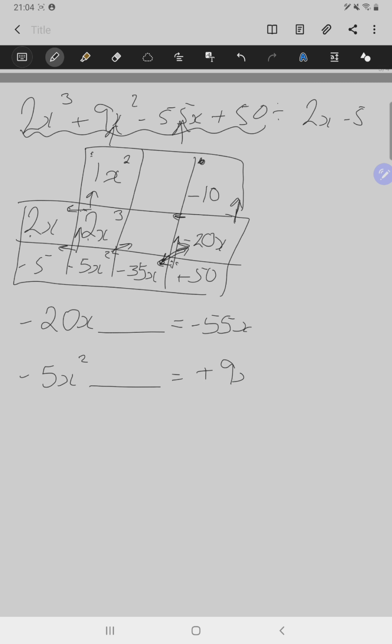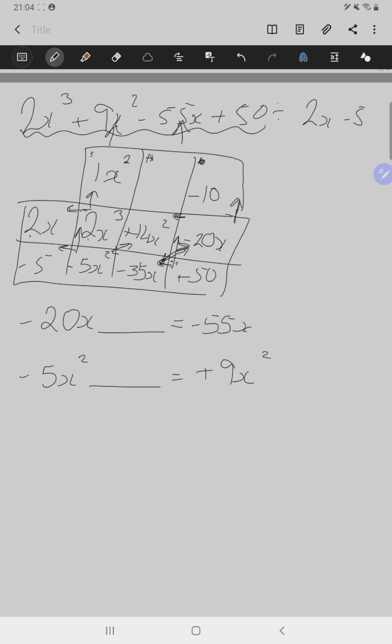So we're starting down at the negative side at minus 5. We need to get all the way up to plus 9 on the positive side. So for that, we're going to have to add 14x squared.